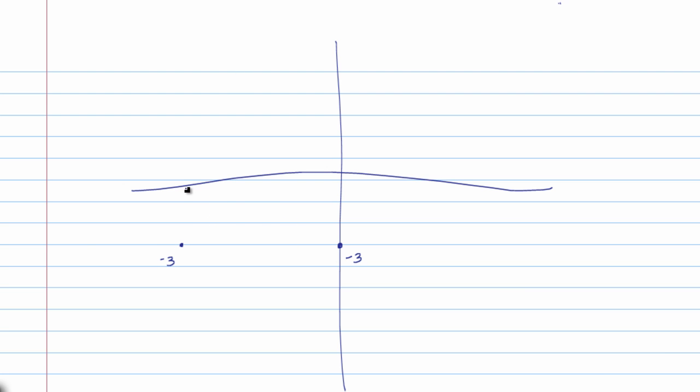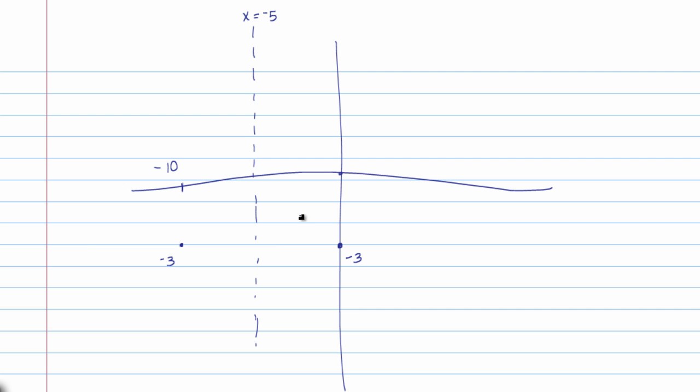Halfway between whatever this x value is, and let's say it's -10, halfway between -10 and 0 will be our axis of symmetry. And that axis of symmetry is a vertical line. Remember, equations of vertical lines are x equals. That's x equals, in this case, -5. So I happen to know the vertex exists at x equals -5.